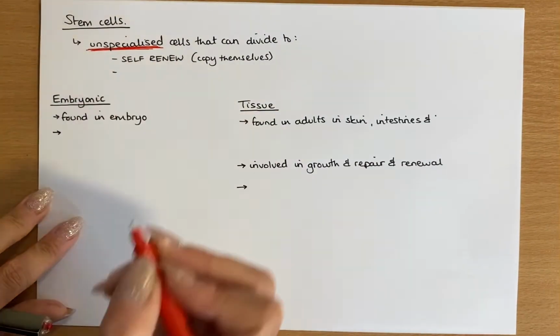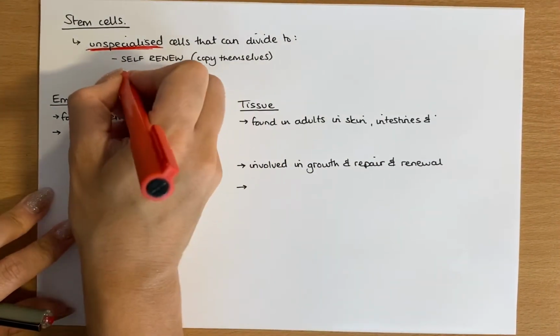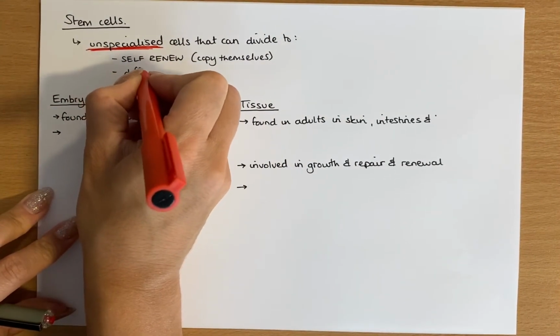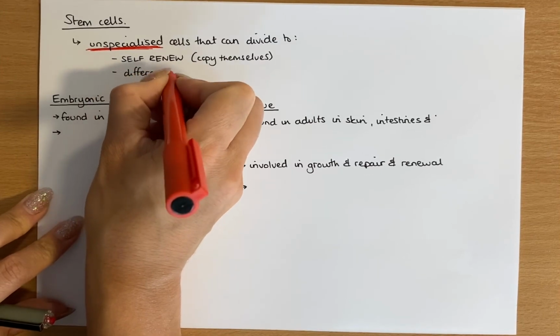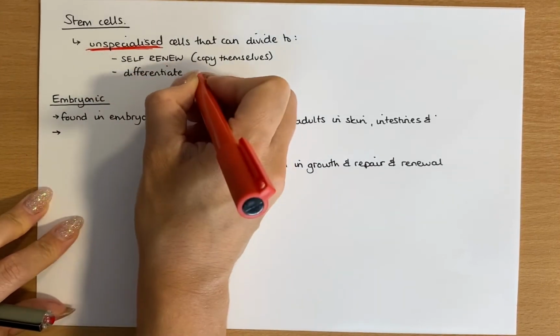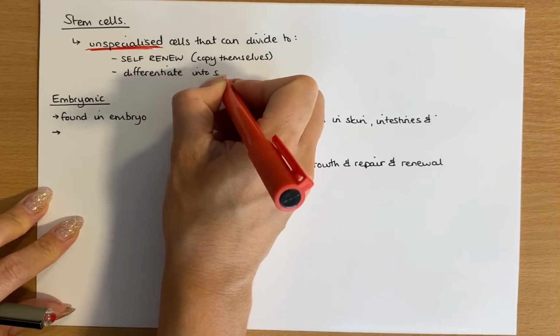Or what they can do is they can divide to then allow them to differentiate, so to become specialised into those specialised cells.